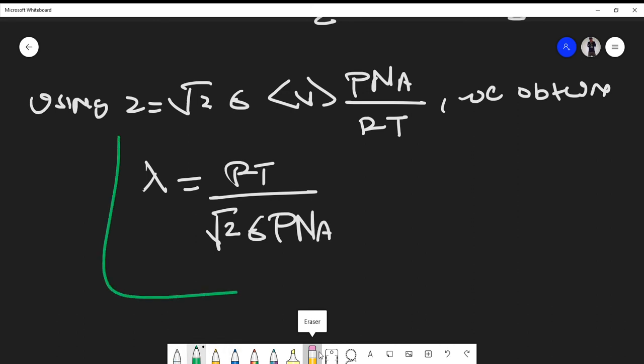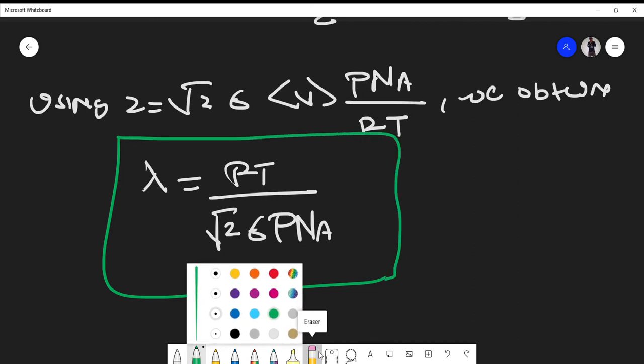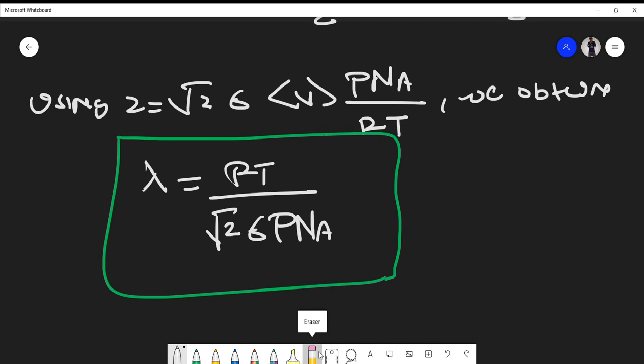And this is what we define as the formula for the mean free path. And that is the end of the lecture, ladies and gentlemen.